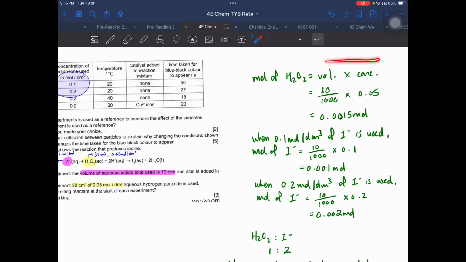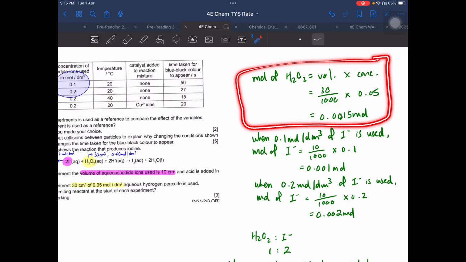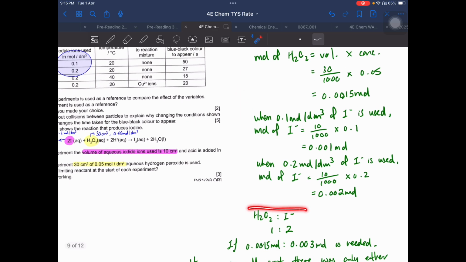Then that's why we go back to this hydrogen peroxide. We are given 0.0015 mole of hydrogen peroxide each time. And based on the equation, we know that for every 1 hydrogen peroxide, we need 2 of the iodide. So now, if I have 0.0015 mole of hydrogen peroxide, I will actually need 0.003 mole of iodide. Okay, so I hope you are following so far.